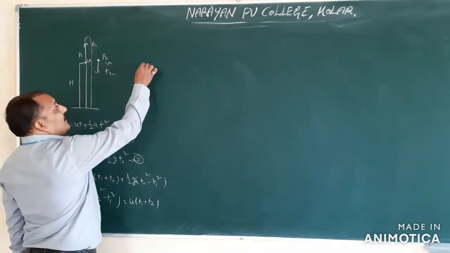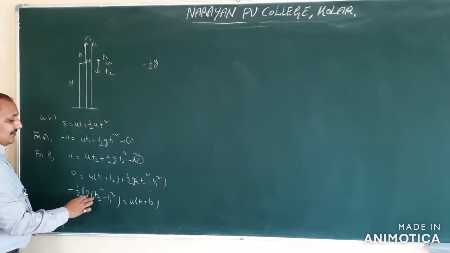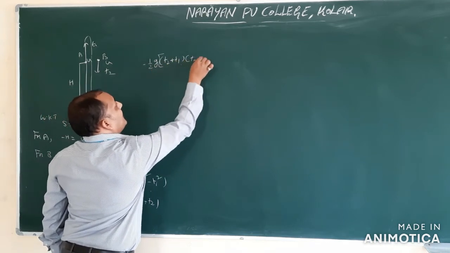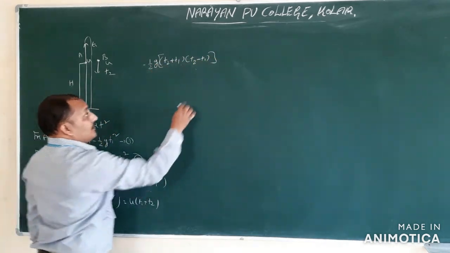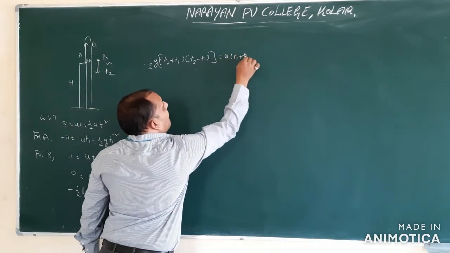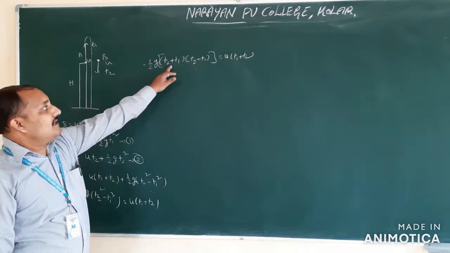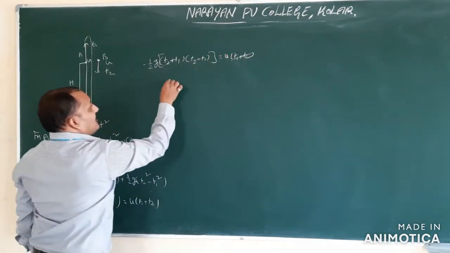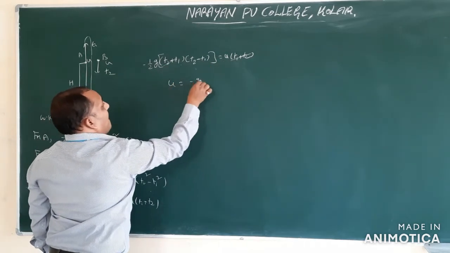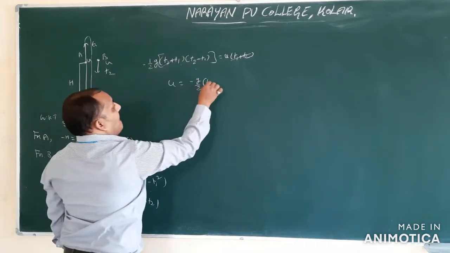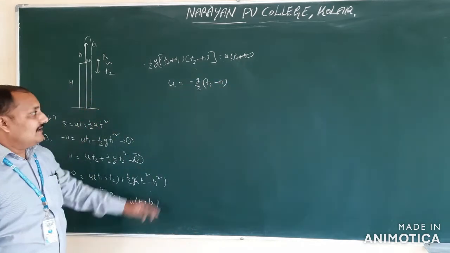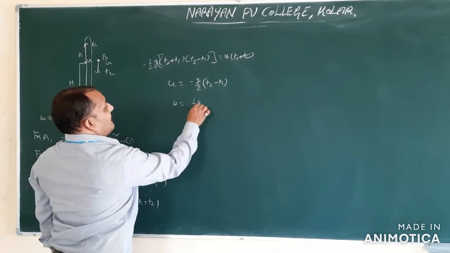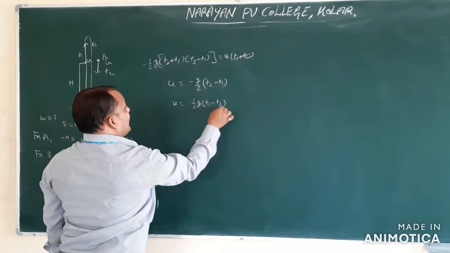Therefore this one you can write minus half g into (T2 plus T1) into (T2 minus T1) is equal to u into (T1 plus T2). Here T1 plus T2 is there, here T1 plus T2 is there, both are going to be cancelled. Then what remains? u is equal to minus g by 2 into (T2 minus T1). If you want to cancel this minus, you can write u is equal to half g into (T1 minus T2).